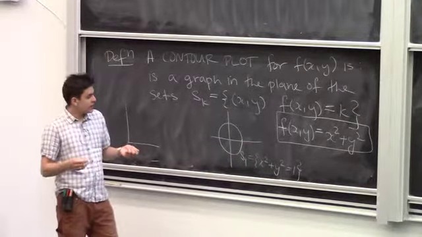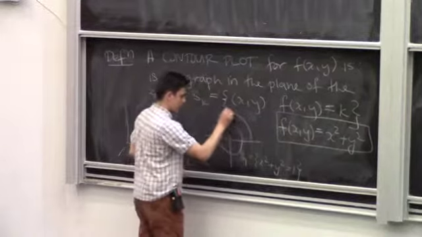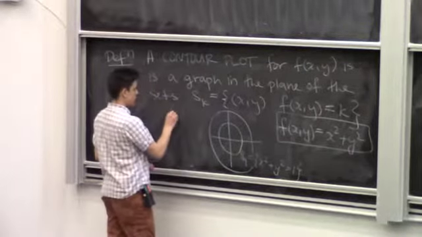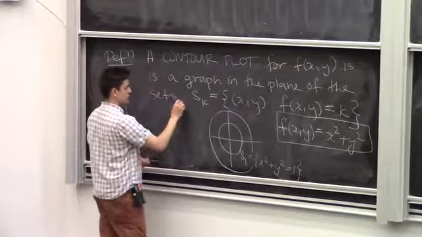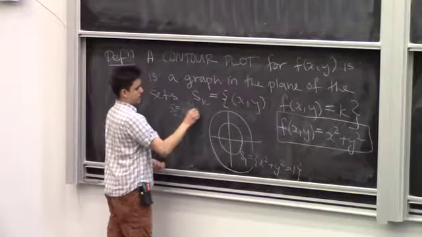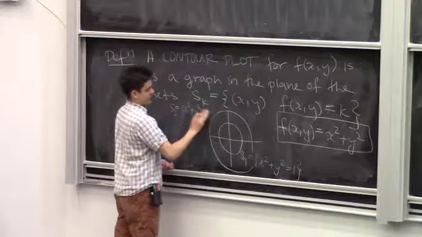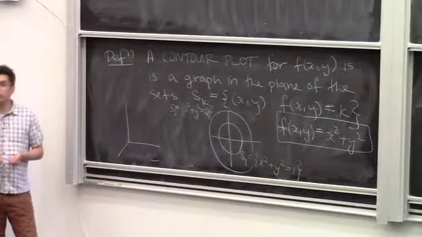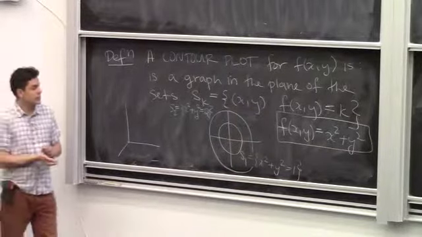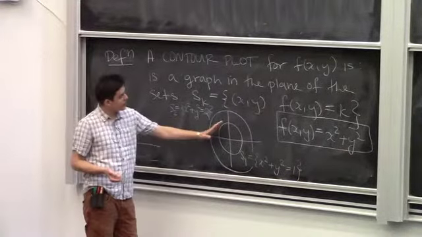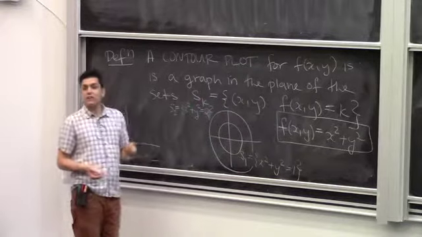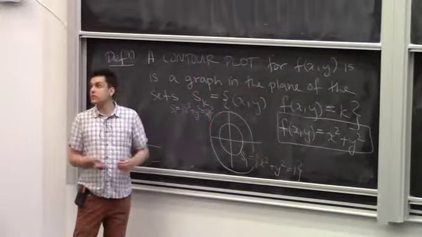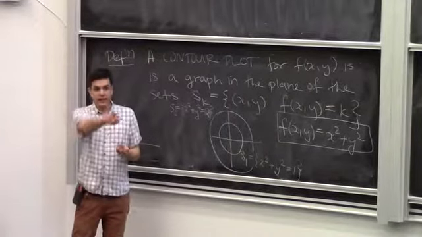Okay, and then surrounding that, we'd have S2, which is all of the guys where our function outputs 2. Okay, so now what we see is we can plot this for different values of k, and we can understand our function as a collection of curves in the plane. Okay?